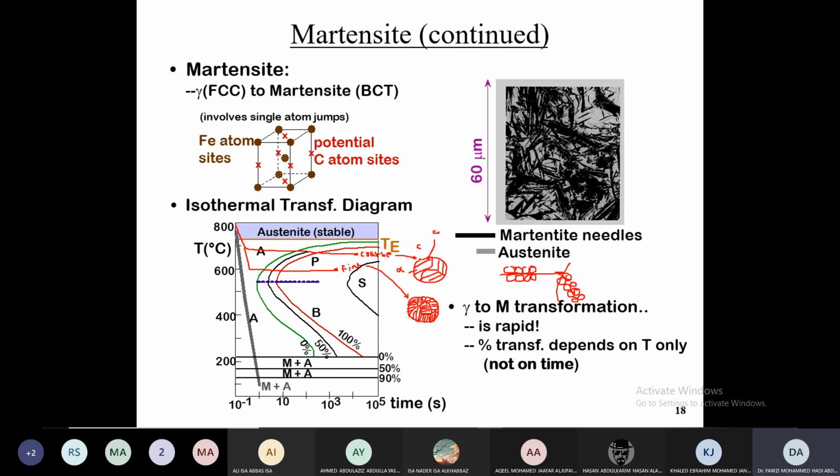Now, if the dislocation wants to move from here to there, how many resistances are there? 1, 2, 3, 4, for example, for that whole range there. While going from here to there, imagine how many resistances it has to go through. A lot more resistances, because this is a fine microstructure.